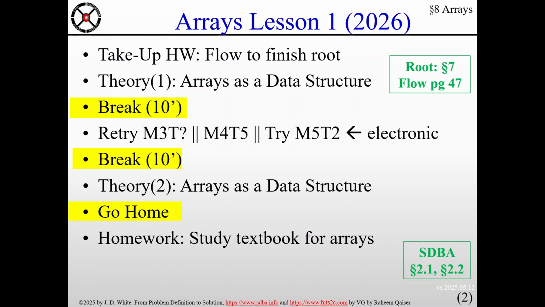Sections 2.1 and 2.2 will cover arrays, and if you want to go on to records, you could do section 2.3. Obviously section 1 covers variables and pointers and the basic programming we've been looking at before. So do continue to use the textbook and make use of it.